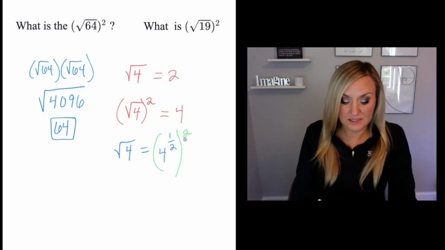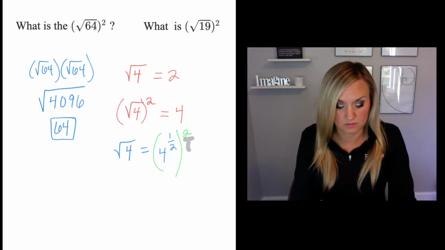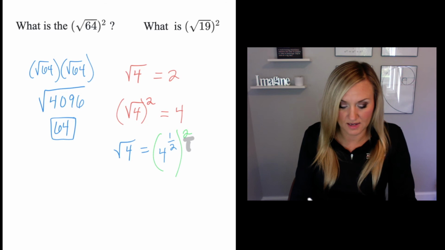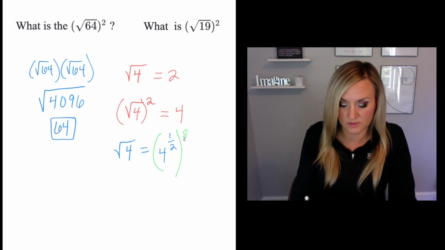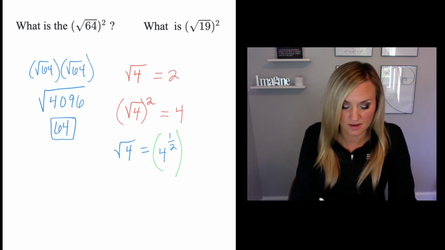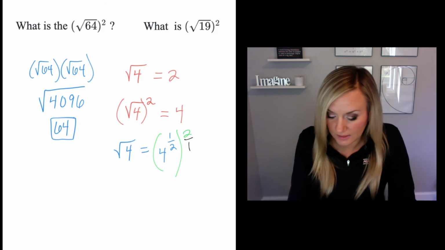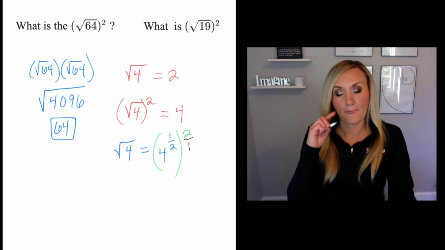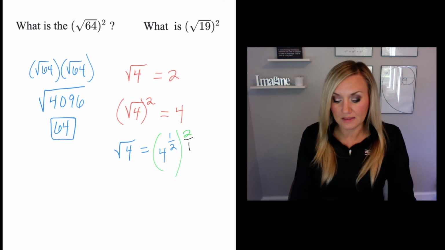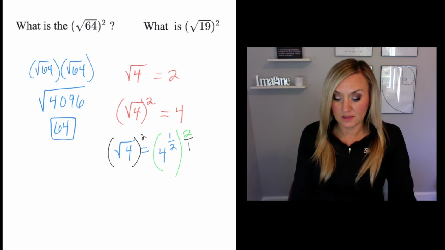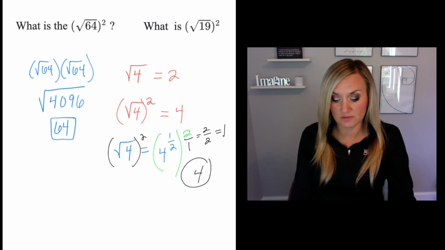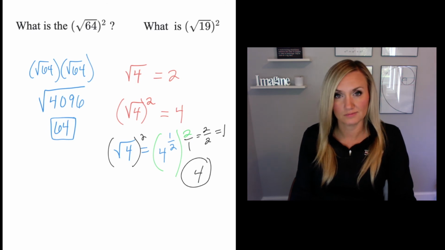Now, basically, it's 2 over 1. Hold on one second. Let me just erase that. We'll do this. 2. It's really like 2 over 1. And so that means that when I take this and square it, 2 times 1 is 2 over 2, which is 1, which just leaves us with 4.